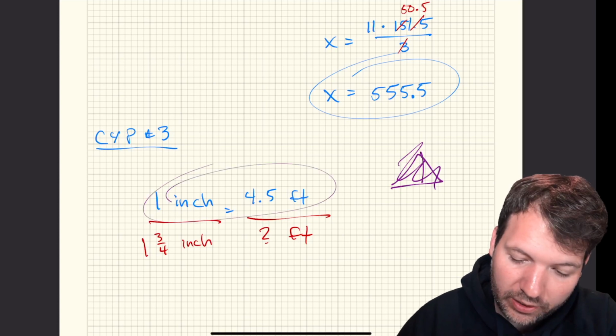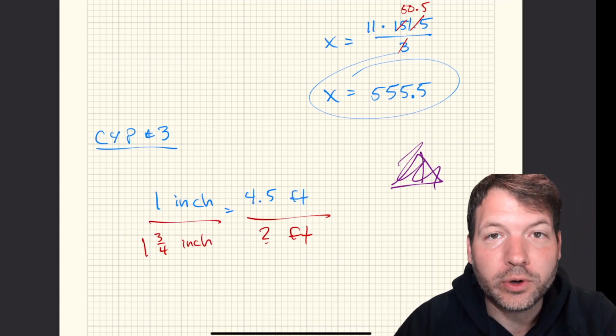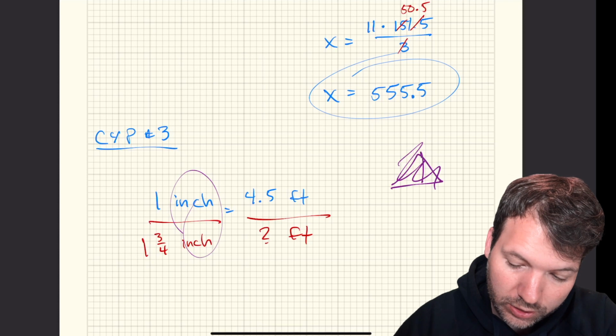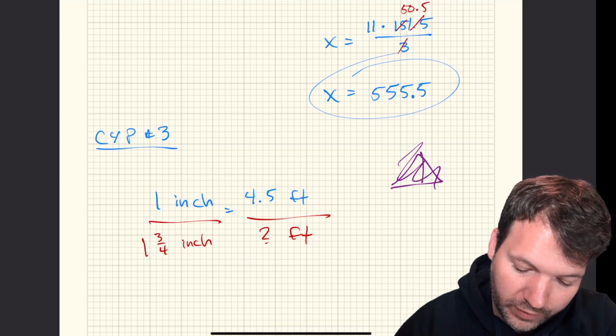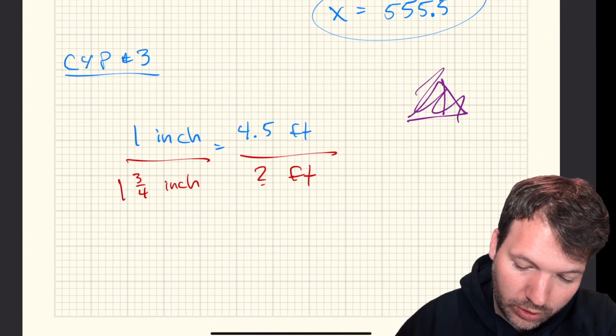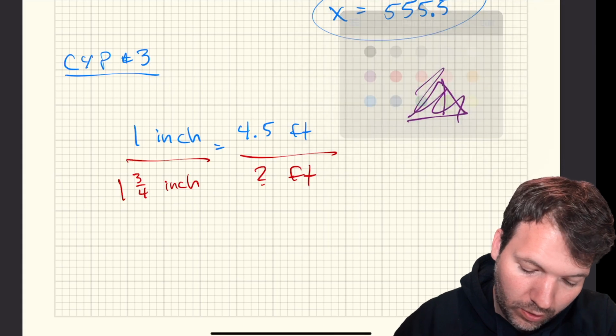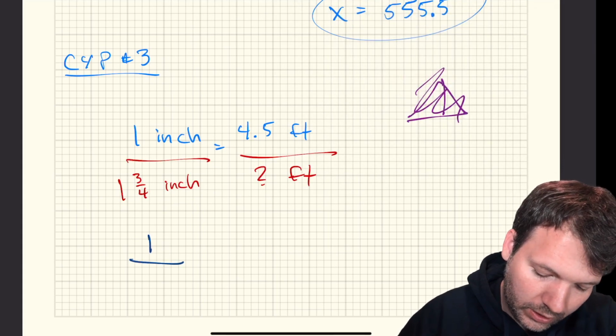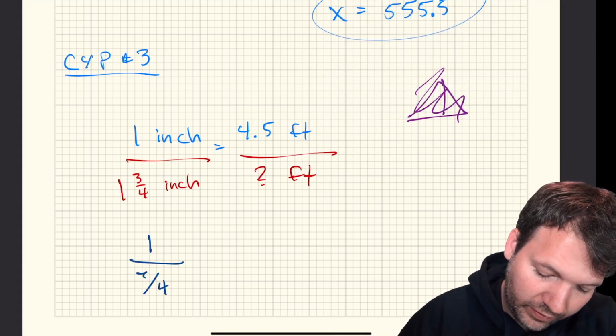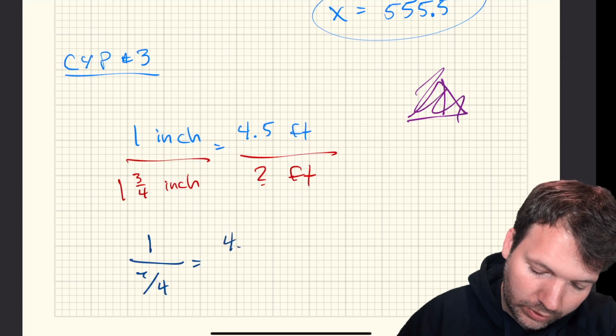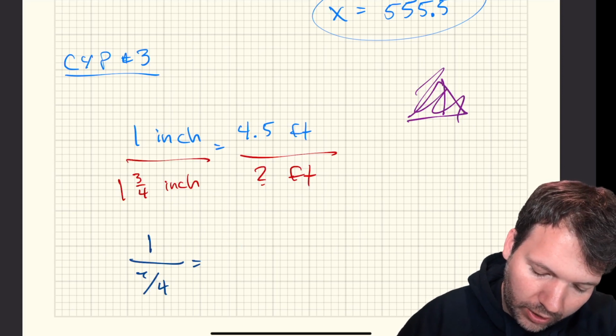I've got my scale at the top here. 1 inch corresponds to 4.5 feet. Make sure to put inches over inches, feet over feet. And then we just want to go ahead and solve that. So 1 3/4 is the same thing as 7/4 equals 9/2, which is the same as 4.5 divided by, we'll call it x.